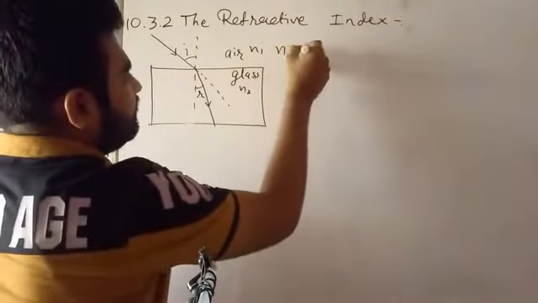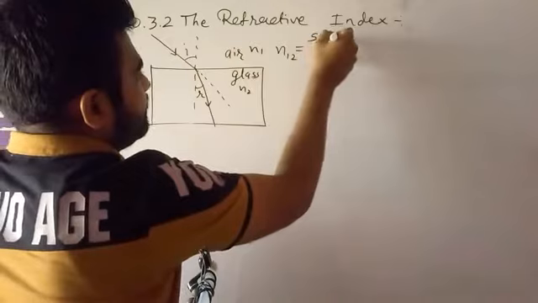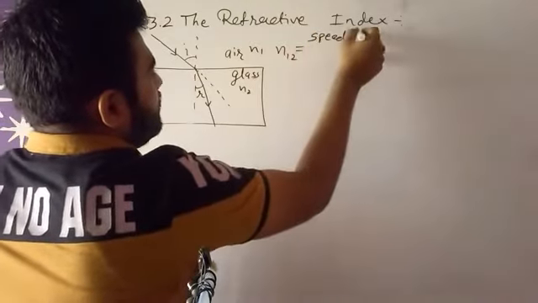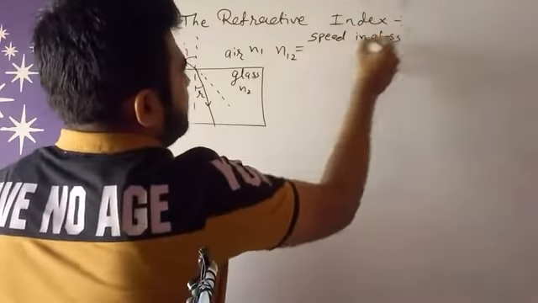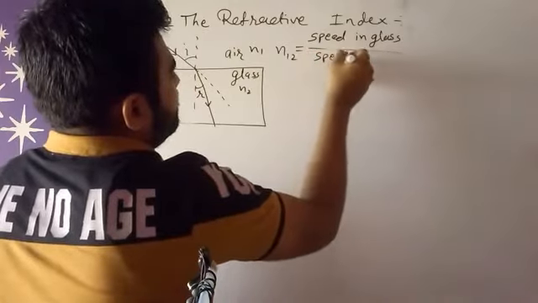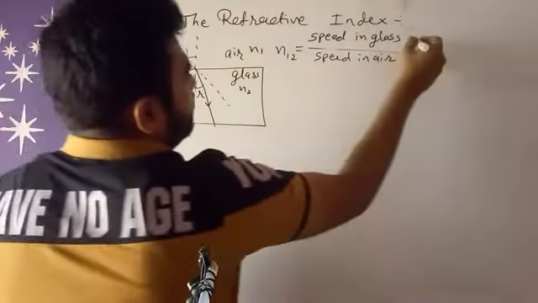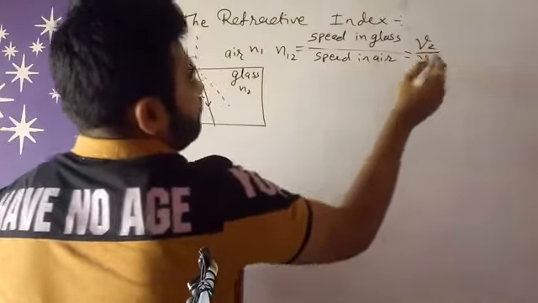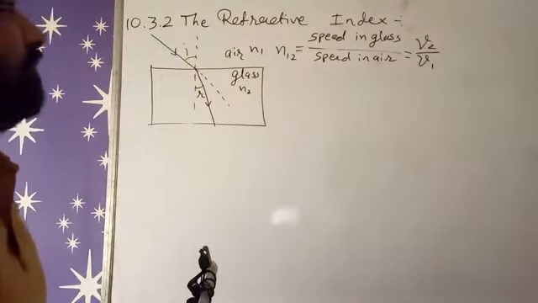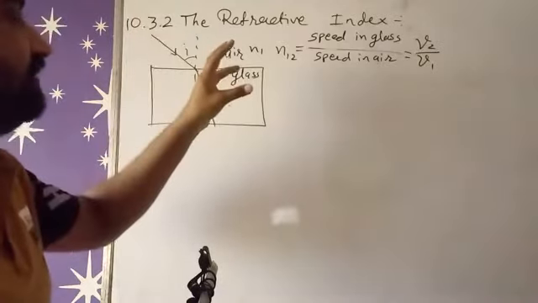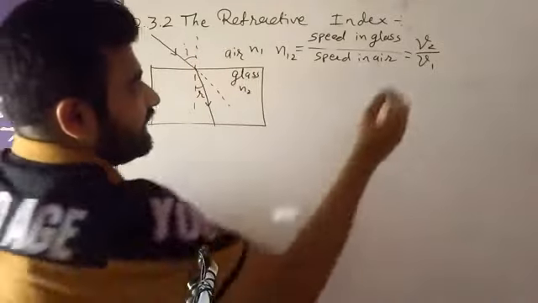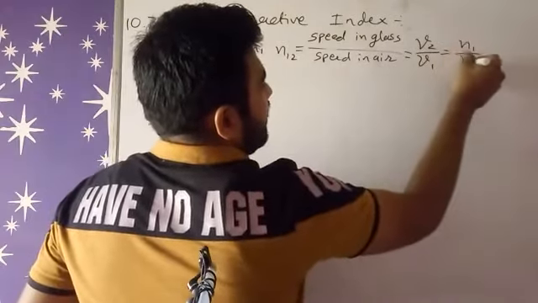So the formula is the speed of light in glass upon the speed of light in air. So here I have to write V2 upon V1. But in terms of refractive index it will be N1 upon N2.